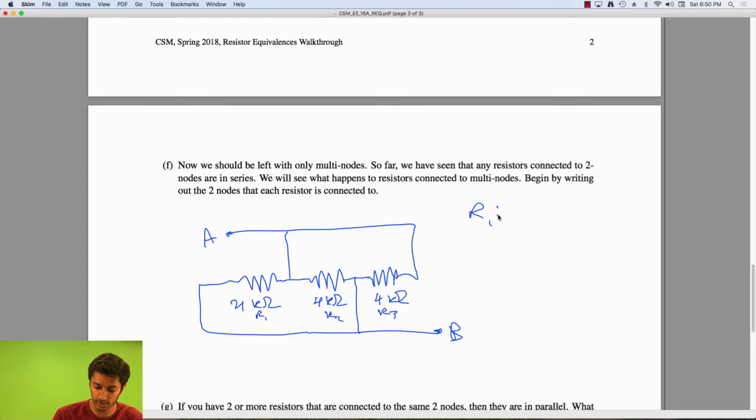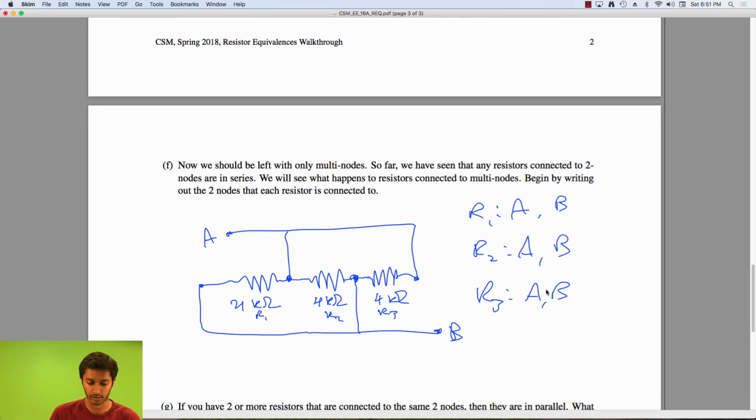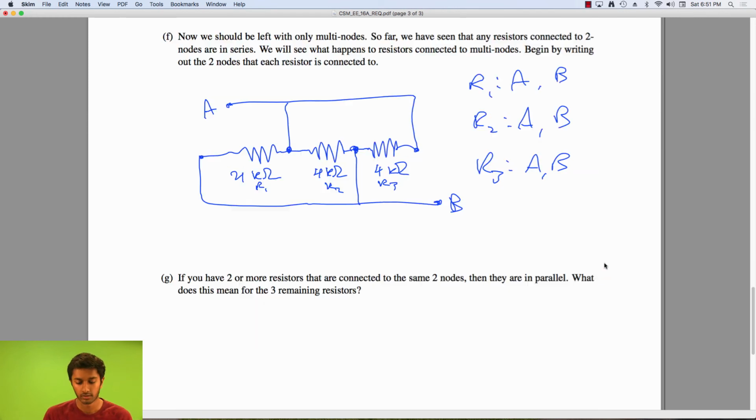R1 is connected to nodes A and B. R2 is also connected to nodes A and B. And R3 is connected to nodes B and A as well. And that's the end of part F.